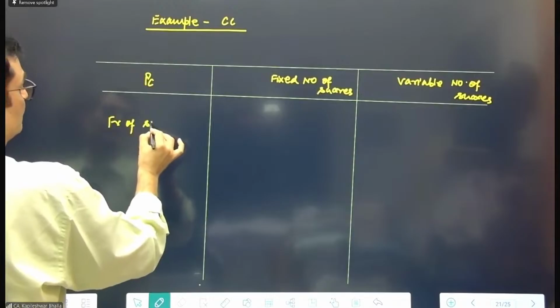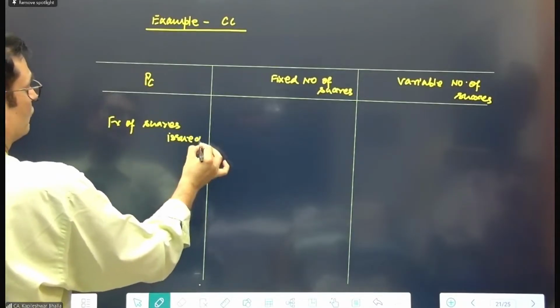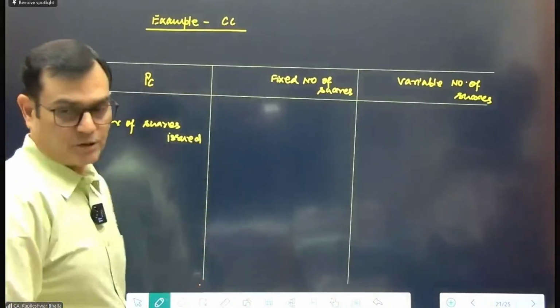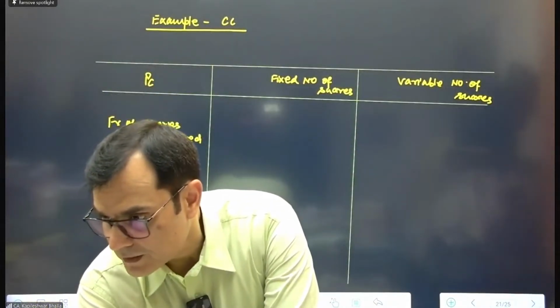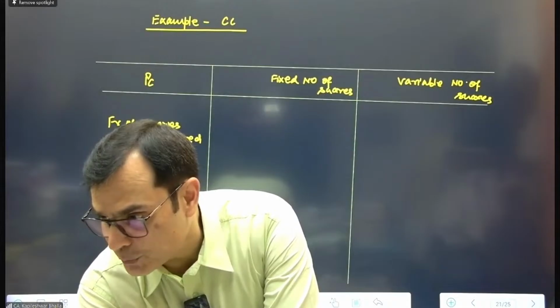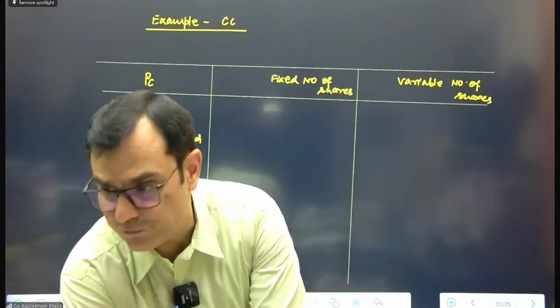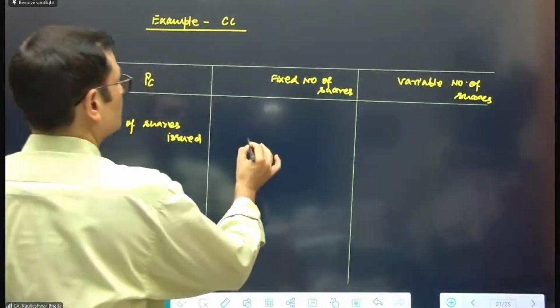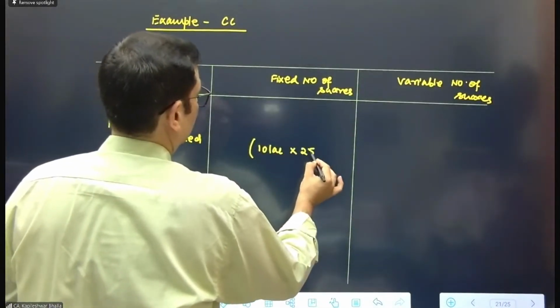We'll take the fair value of the shares issued, and that is common to both the cases. So we are given the inputs. There is an immediate issuance of 10 lakh shares, and the fair value of the shares is 25. So there are 10 lakh shares, and the fair value is 25.